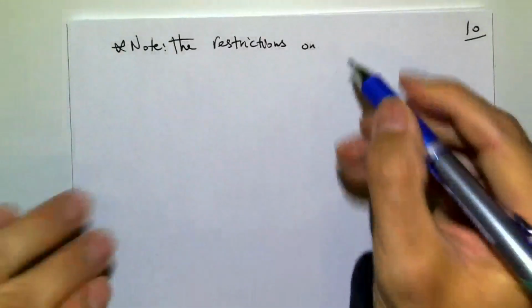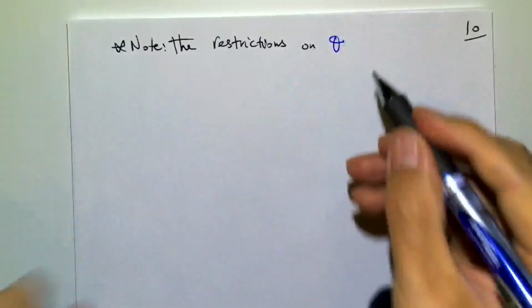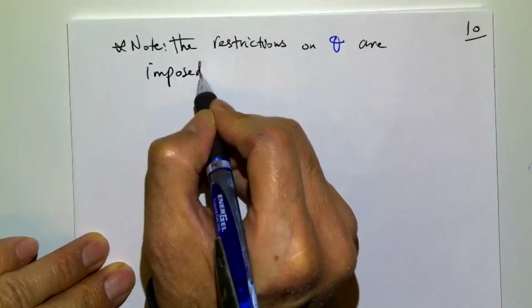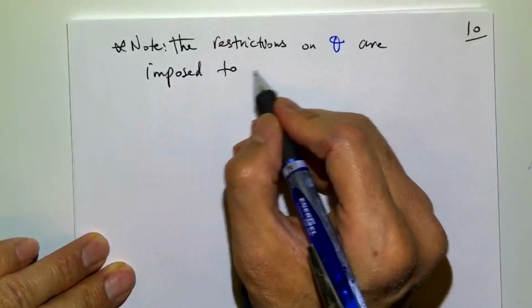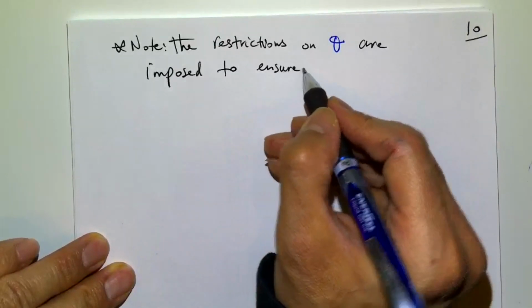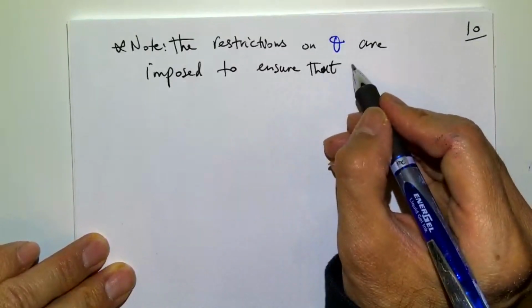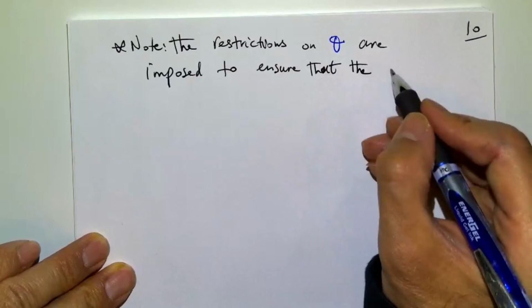So the restrictions on theta are imposed to ensure, I mean, I said this, but it's better that you have it in your notes, that the trigonometric function is 1-to-1.